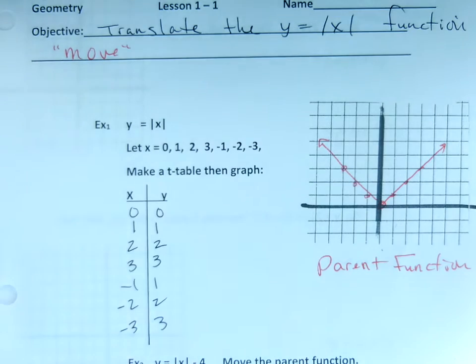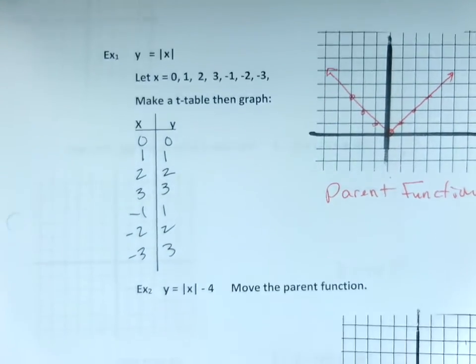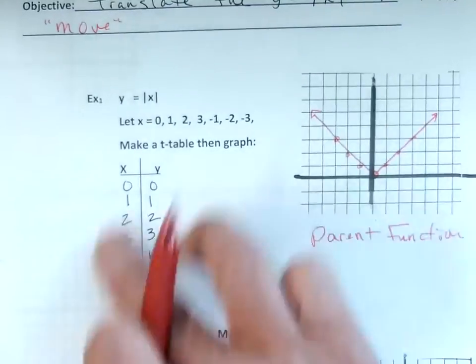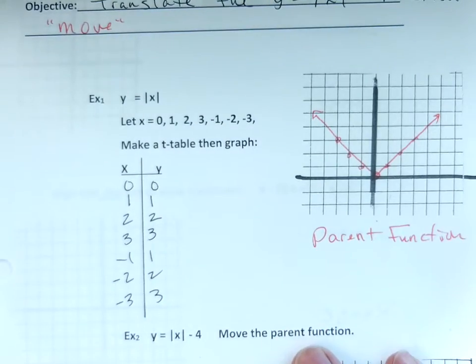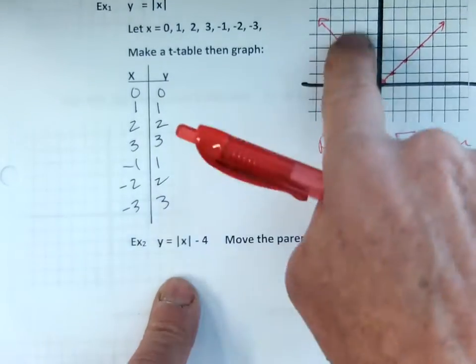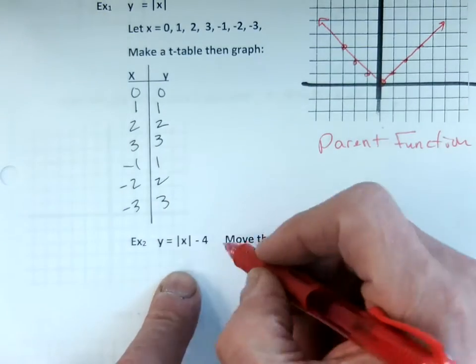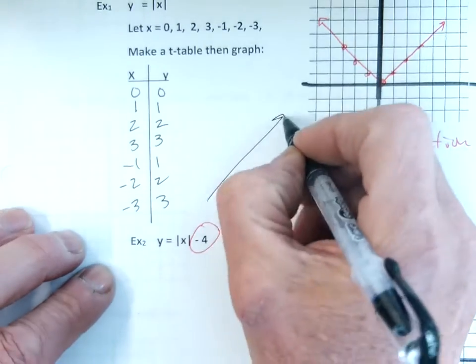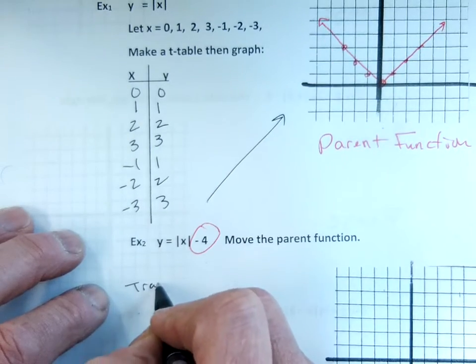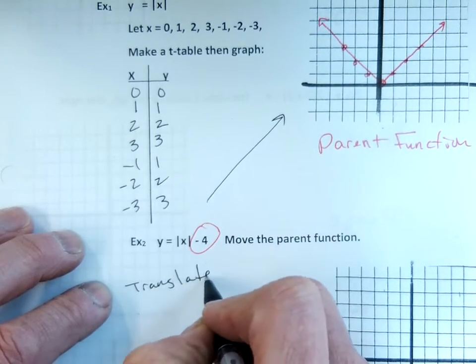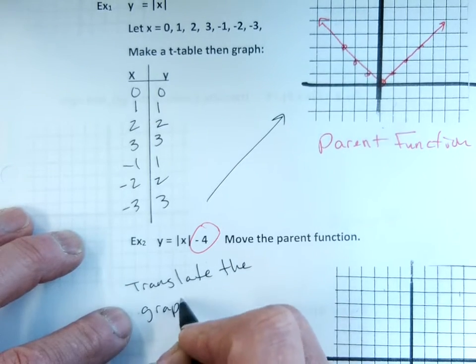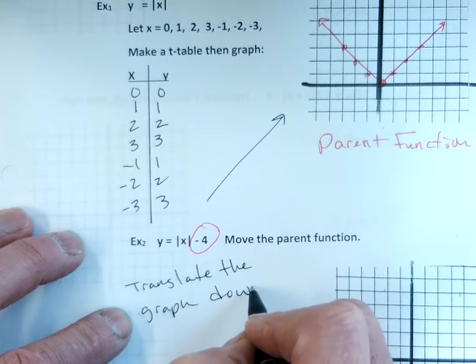If I go to example 2, I'm just going to move it. I don't need to do a t-table. That would be kind of a pain. I'm going to take my parent function and translate it down 4. So I'm going to take this graph and translate it down 4.